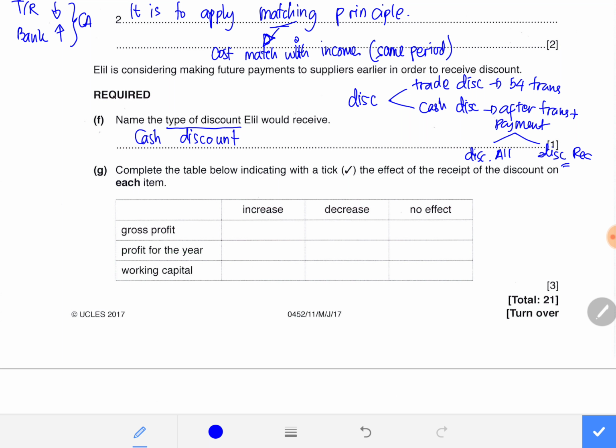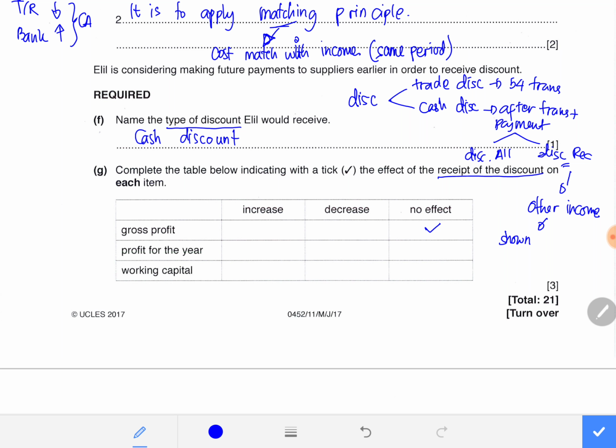Next, complete the table below indicating with a tick the effect of receipt of the discount on each item. First of all, it's a discount received. Gross profit is no effect. Why? Because this is considered as other income. Other income is shown after gross profit.